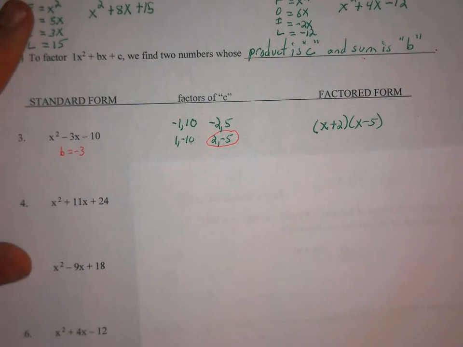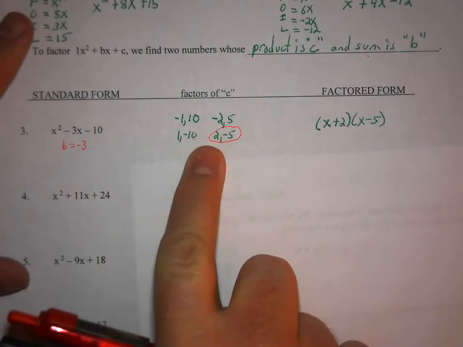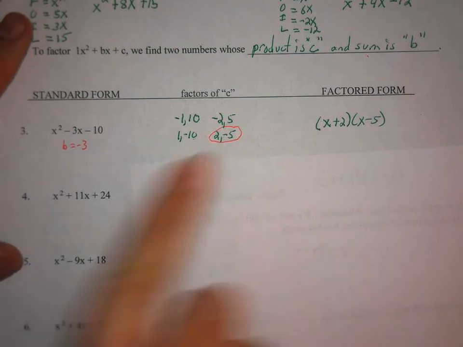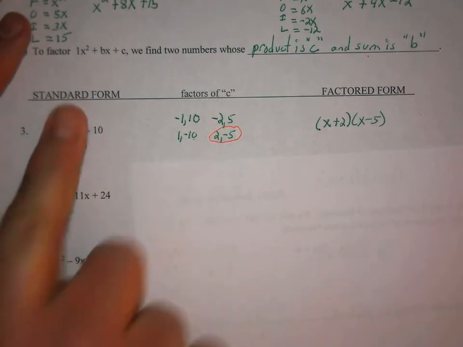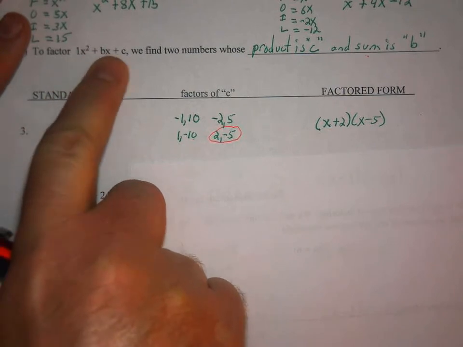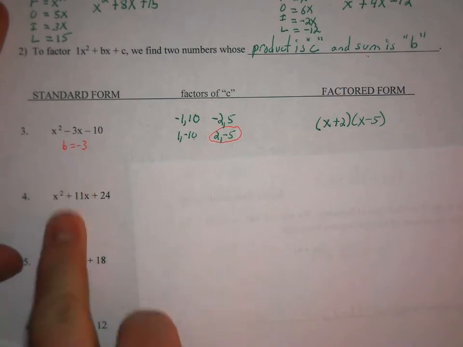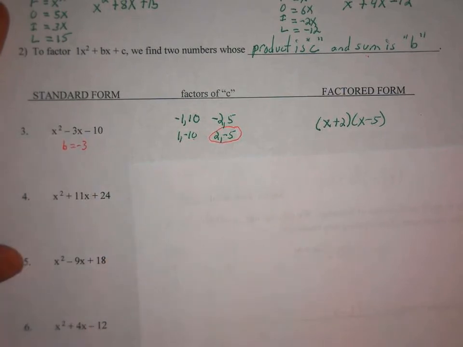Okay, so if you go through and try the rest of them doing the same process, find the factors of c, and make sure it's in standard form first, meaning 1x squared plus bx plus c for our cases here. You should always go through that process first to make sure.